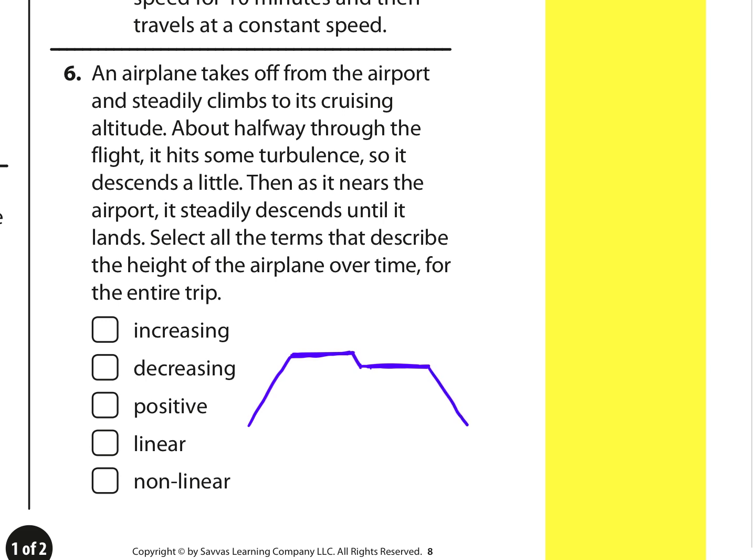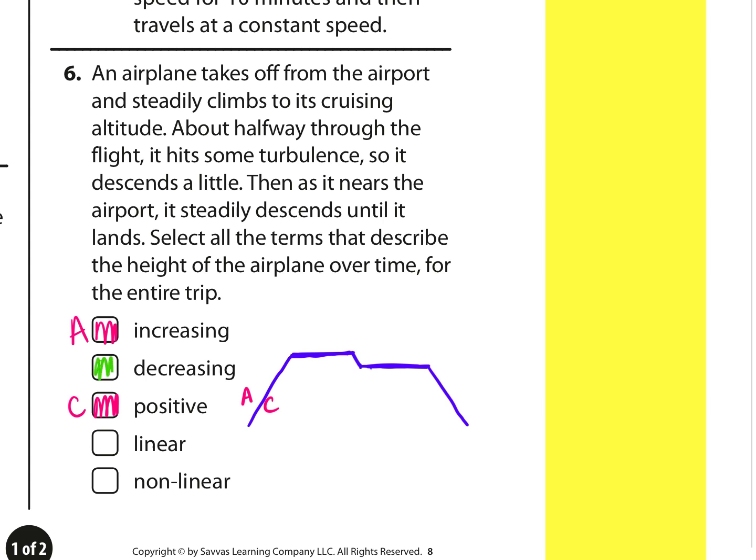Select all the terms that describe the height of the airplane over time for the entire trip. Okay, well, let's see. On this first segment, it is increasing. That's the only place it's increasing, but it also means it's positive there. We see some segments where it's decreasing.